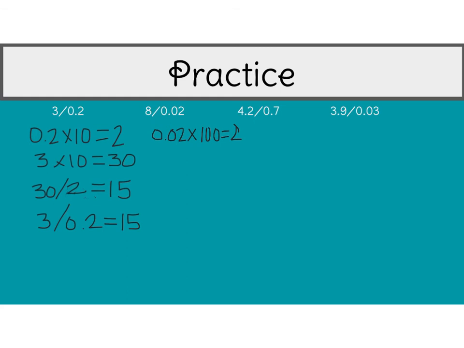So then that means we're going to have to do the same thing to our dividend. So we would take 8 and multiply that times 100, which gives us 800. And now our new division problem is going to be 800 divided by 2, which equals 400.